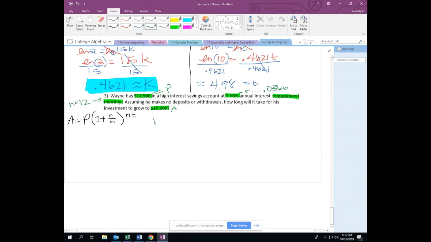So let's plug in 15,000 equals P, which is 12,500, times 1 plus R, which is 0.0366 divided by 12 for N, and it's raised to the N times T power.